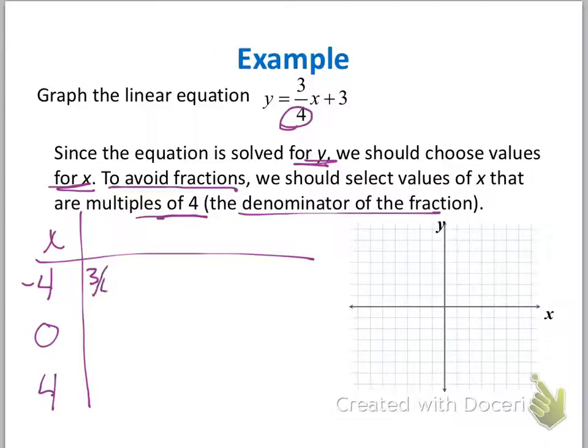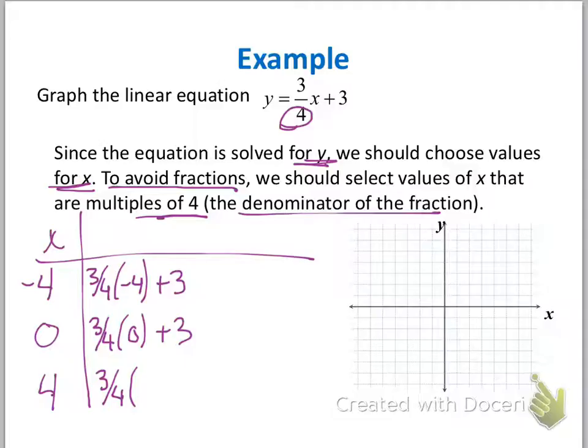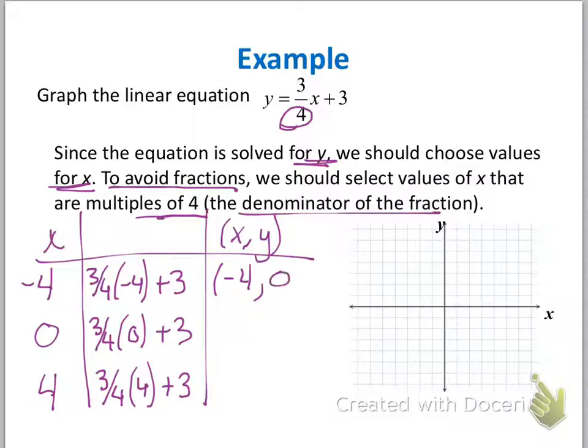So 3/4 times negative 4 plus 3. 3/4 times 0 plus 3. And 3/4 times 4 plus 3. That gives me the ordered pair, or the solution, negative 4, 3/4 times negative 4 is negative 3, plus 3 is 0. 3/4 times 0, that's 0, 3. 3 plus 3, that's 6, so 4, 6.